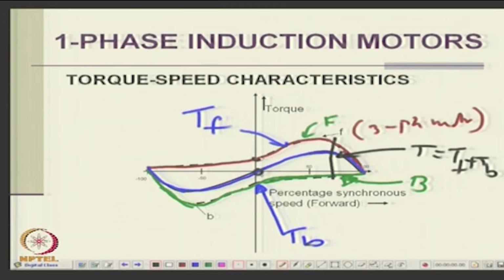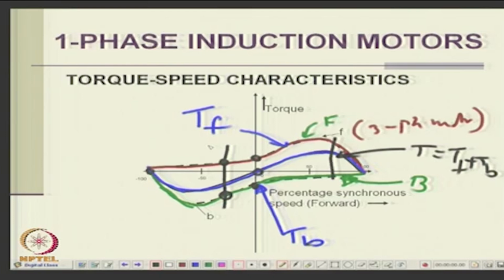At starting, the forward torque is equal to the backward torque, but at negative speed, the backward torque is more than the forward torque. So, the shaft is subjected to backward torque, and you can go up to the so called near synchronous speed. This was initially the hypothesis from which single phase motors were analyzed.